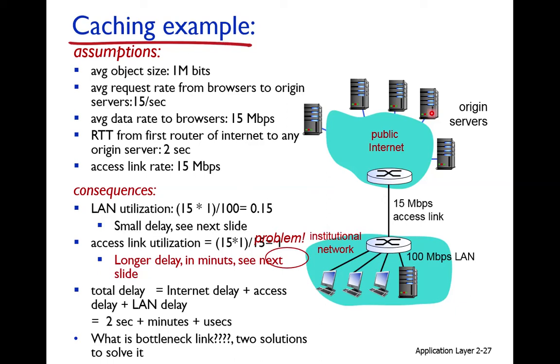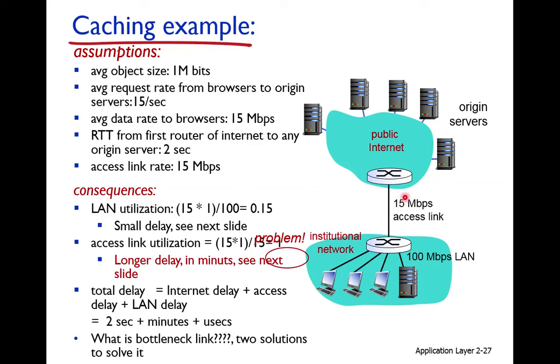Similarly, when the objects are retrieved from the origin server, there is delay involved. The request is sent from the router to the origin server, and then the object is sent from the origin server to this router, and this router forwards the objects on this link. On this link, we have computed the delay: the LAN utilization will be 0.15, so its delay will be in some microseconds.